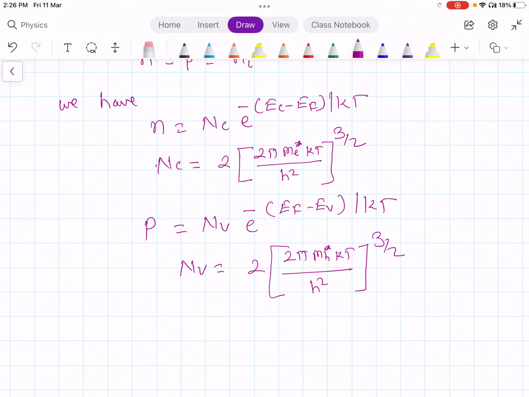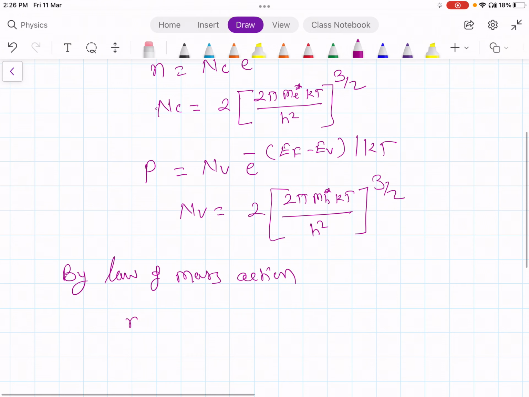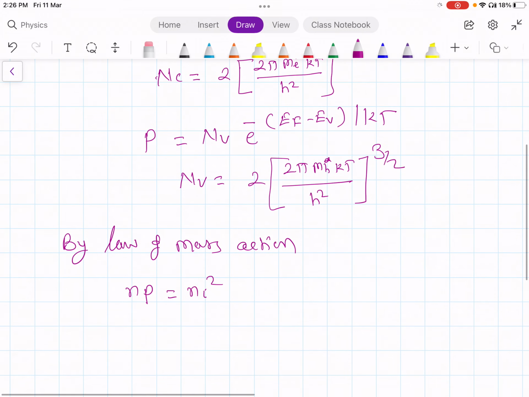Then by the law of mass action, n into p is equal to ni square. Let us substitute in this equation the values of n and p.